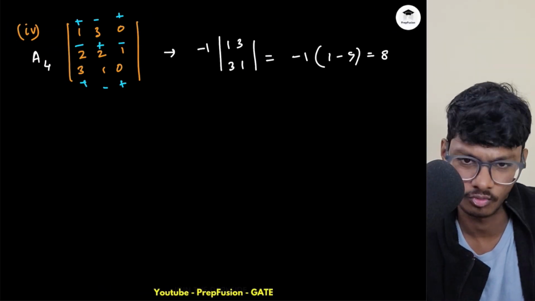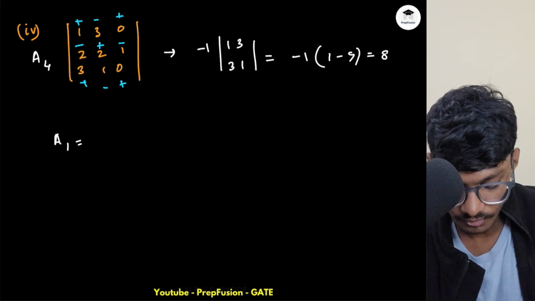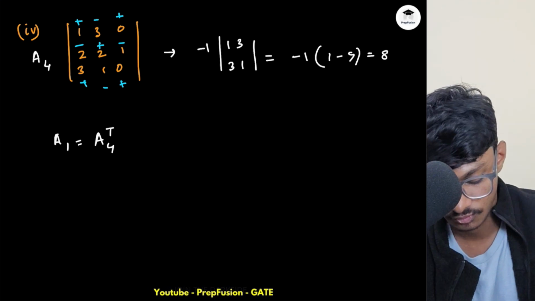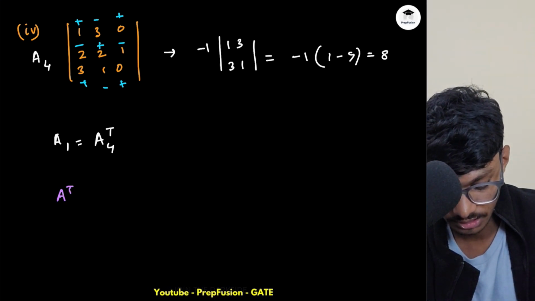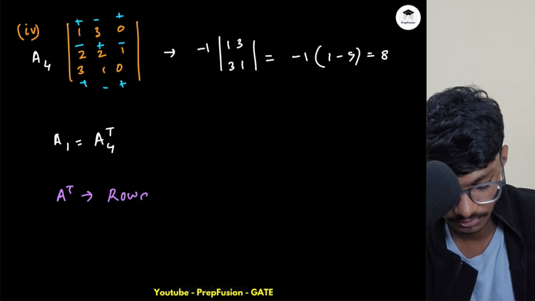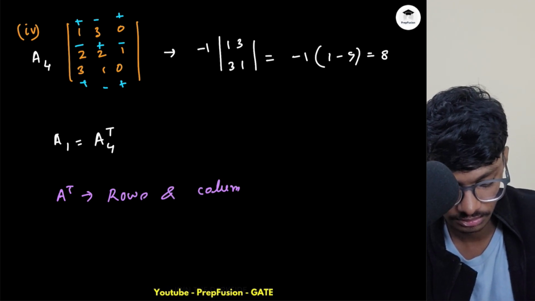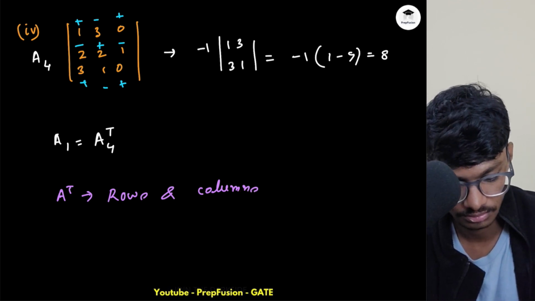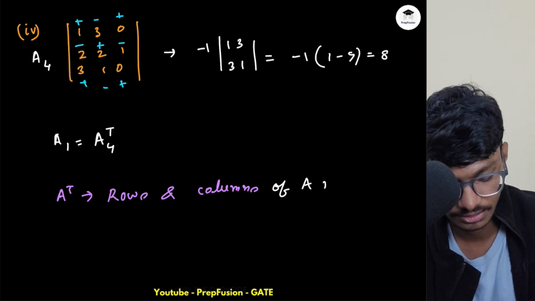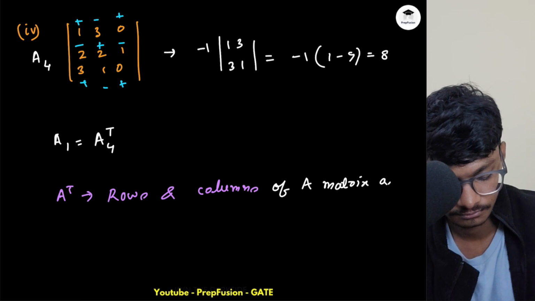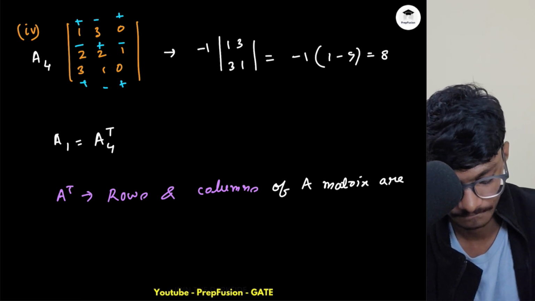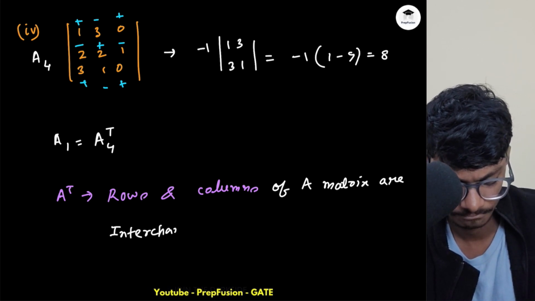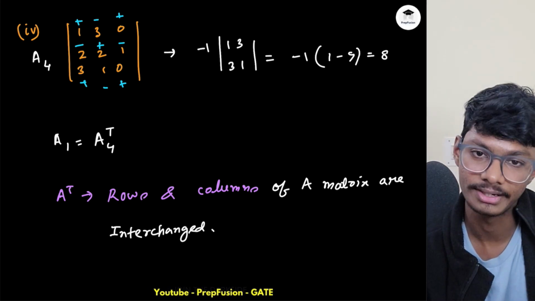If we observe one thing, if we know already, that A1 is equal to A4 transpose. What does transpose mean? A transpose is basically where the rows and columns of the A matrix are interchanged.